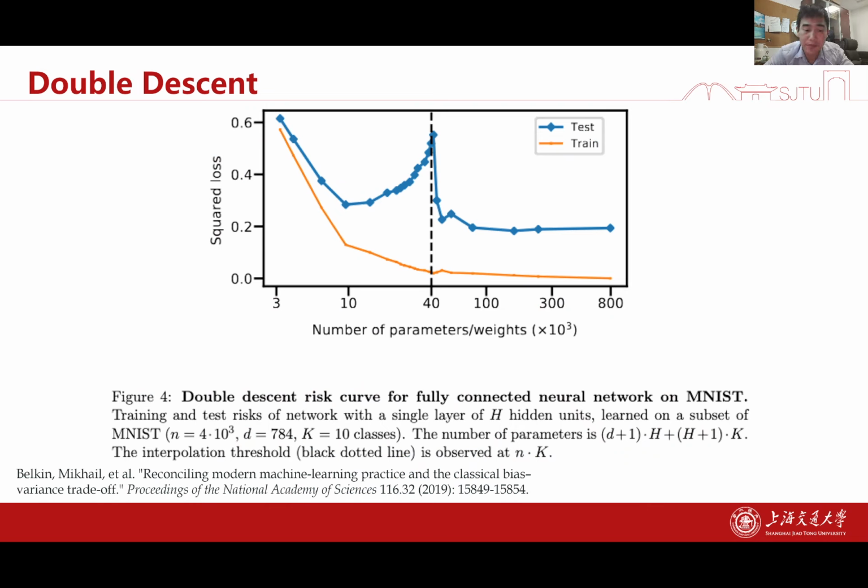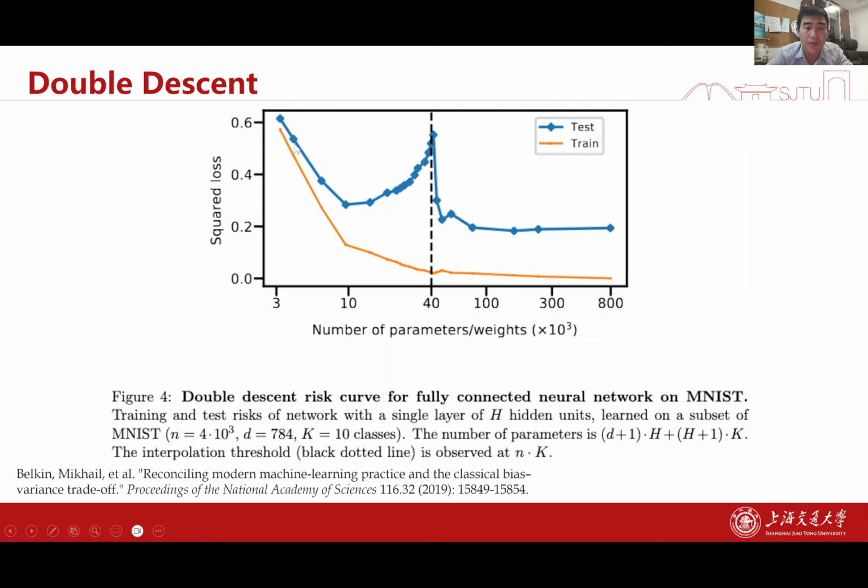This is an experiment from a 2019 paper which first reported this phenomenon. It's an experiment of a fully connected neural network performed on a mixed dataset, which is a very, very simple task. As the number of parameters increases, which can be regarded as the complexity of the model, the training error continuously decreases.